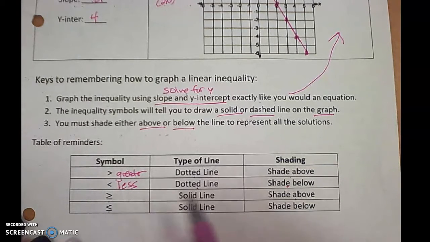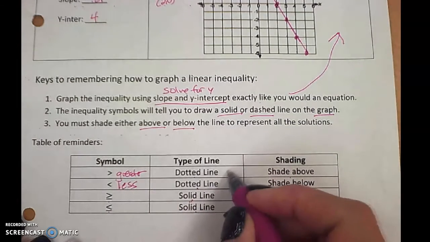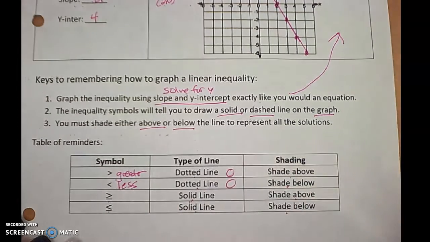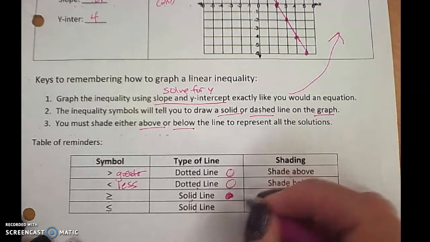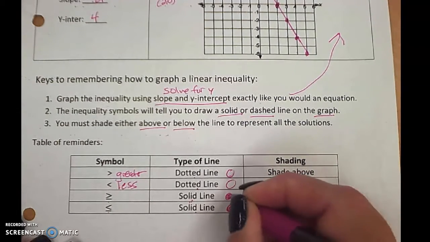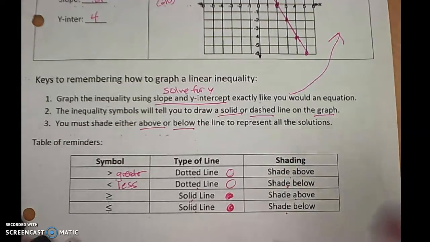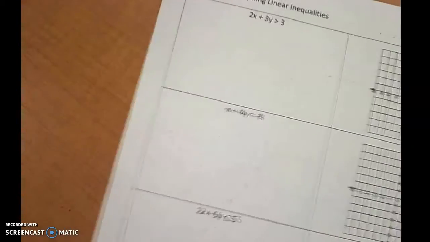Less than or equal is a solid line, and it's shaded below. So when it's not equal to, you have a dotted line, just like you used to have an open dot when we solved inequalities. When it's equal to, it would be a solid line, just like we had closed dots. This was from before.